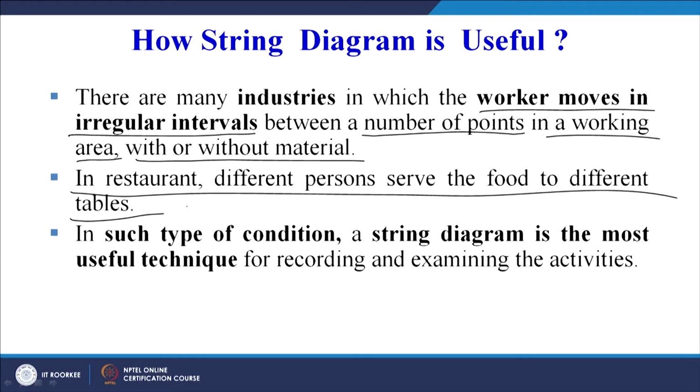In such type of situation, a string diagram is the most useful technique for recording and examining the activities, because if we take case of maybe a flow diagram, now flow diagram can give us maybe one movement, that suppose the raw material is entering from this window, then there are 5 machines, it is going to machine number 3, 5, 1 and then it is going out from the other door.